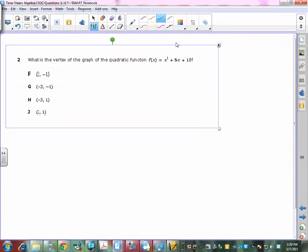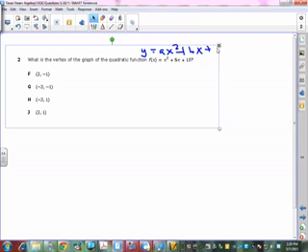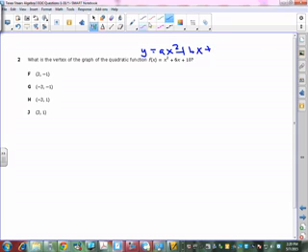Okay, they want the vertex of the graph of this quadratic equation. Remember, quadratic equations have the form y equals ax² plus bx plus c. So in this problem, a is understood to be 1, b is 6 and c is 10.